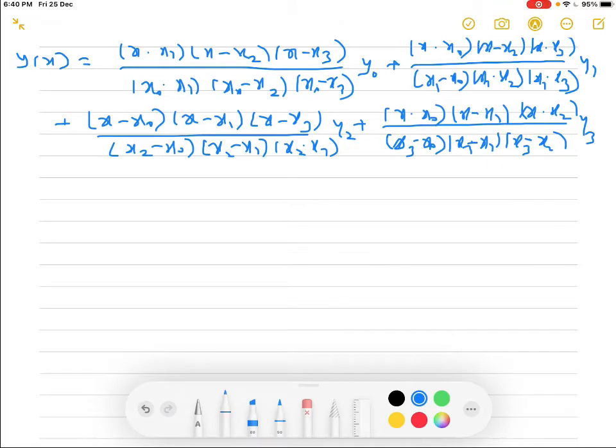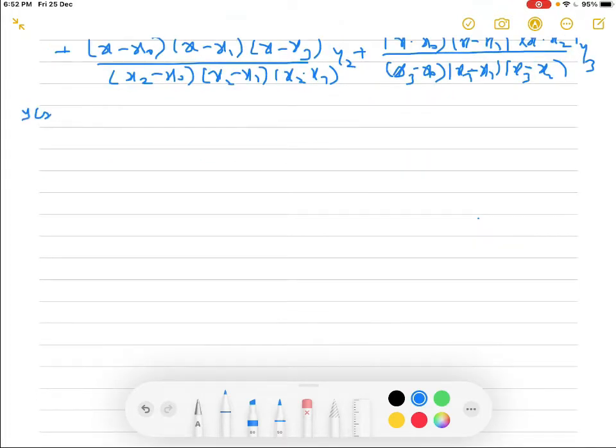So for the given data, I have written the interpolation formula. Let us substitute the values of x and y in the given interpolation formula.